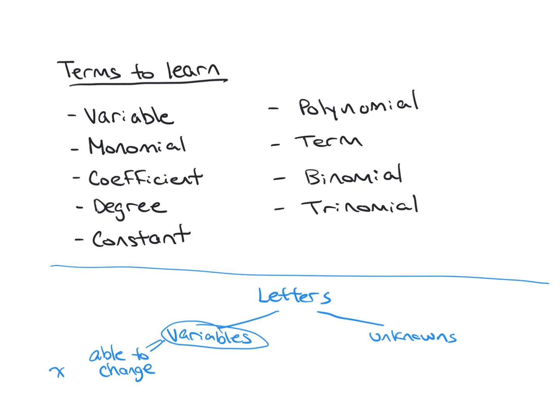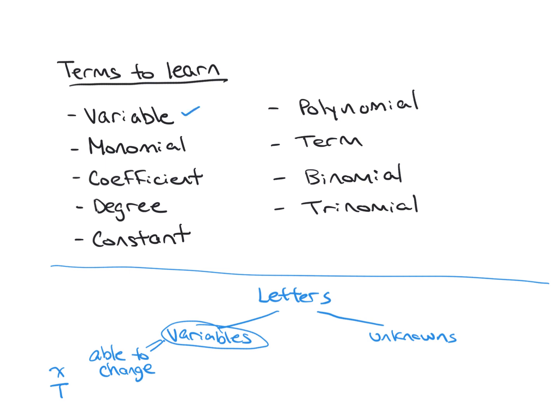For example, we can use the letter T to represent the temperature outside, and that's a variable because the temperature outside is always changing. Like right now it's 17 degrees Celsius, but closer to noon it was more like 24 degrees Celsius. So we use a letter to kind of hold the place of that quantity, and we call that a variable.